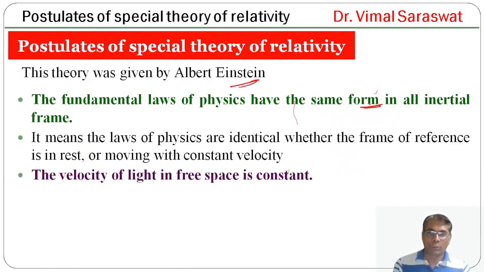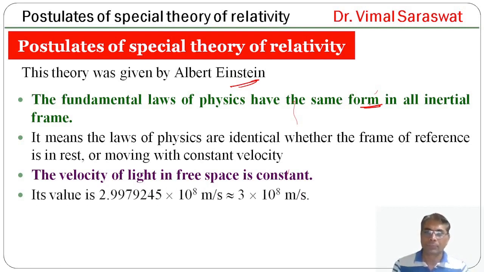Now, the second postulate of special theory of relativity says that the velocity of light in free space is constant and its value is about 3 into 10 to the power 8 meter per second. Its exact value is 2.9979245 into 10 to the power 8 meter per second.